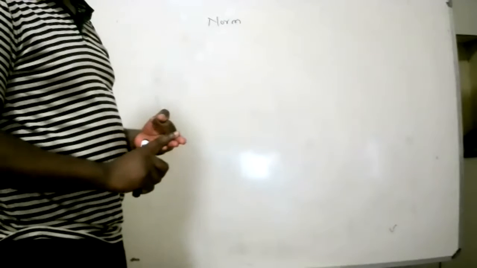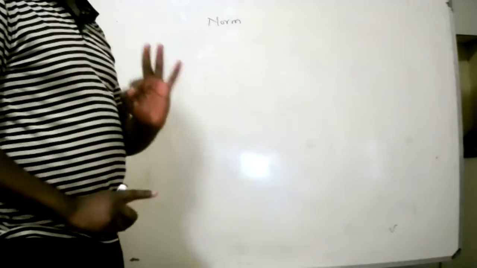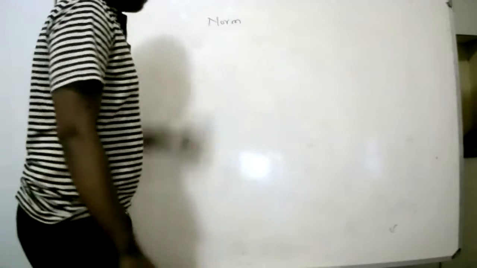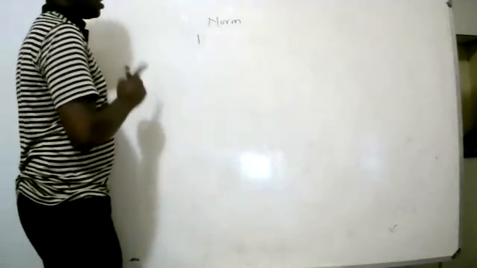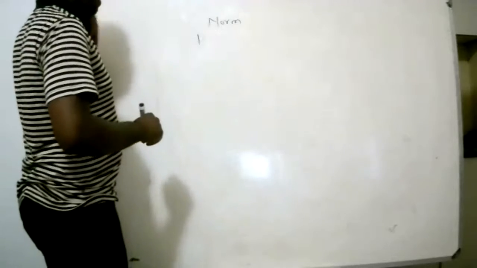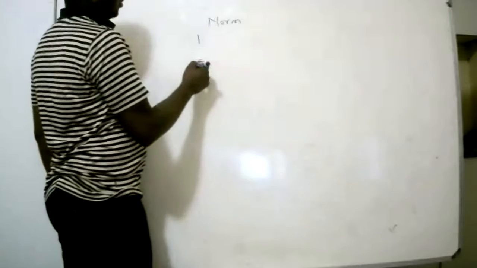Those are the three important lessons we have covered. These are important, and before we go to the next chapters, we must know everything about these chapters. So now let's start with the norms.